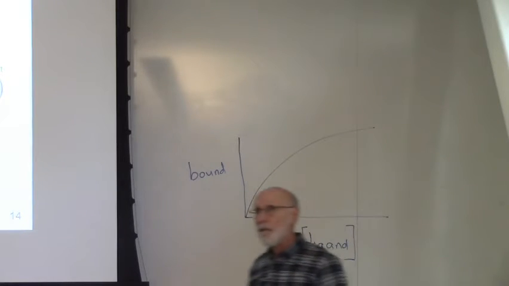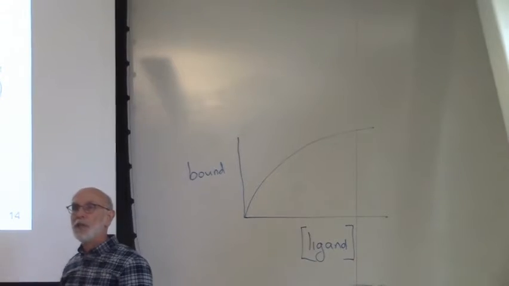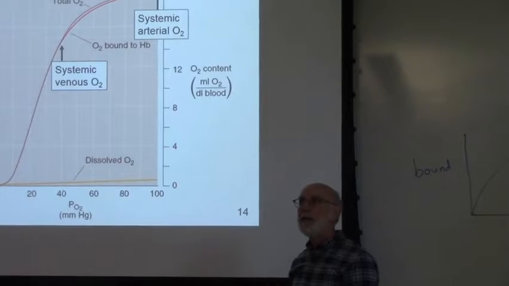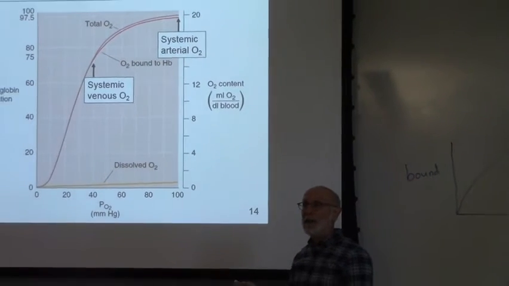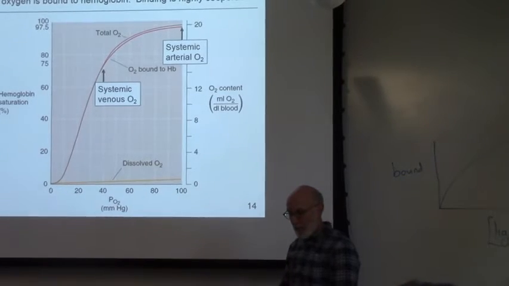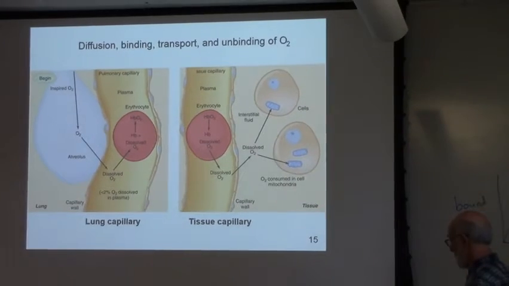This looks a little different than that. It's got this S-shaped bit down here because of cooperativity, because binding of oxygen to one of the monomers increases the affinity of the binding to others. It's a cooperative allosteric interaction.